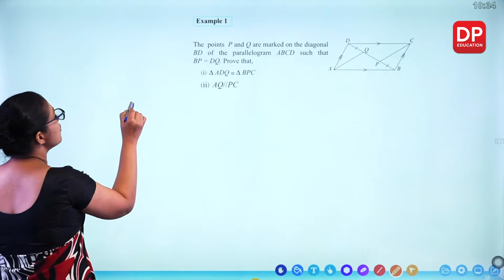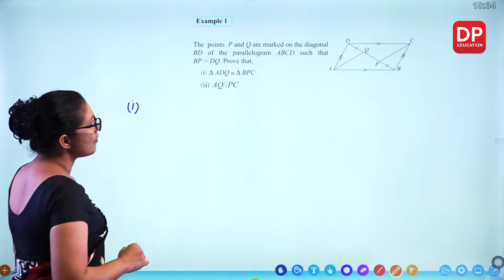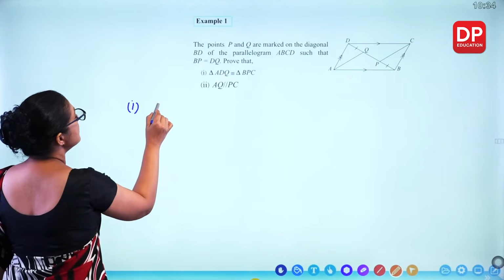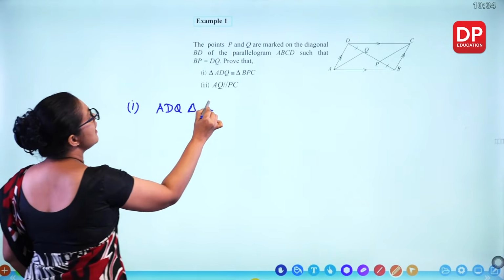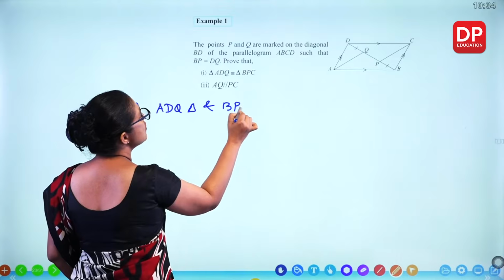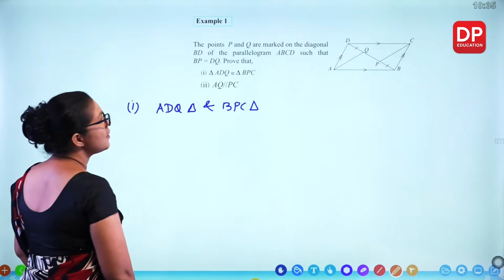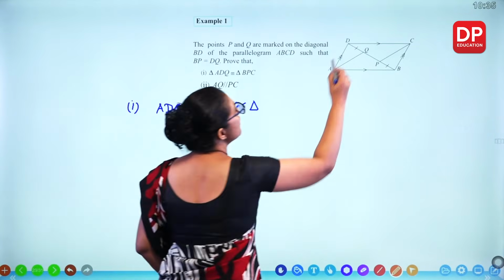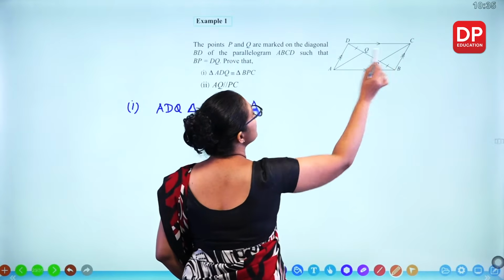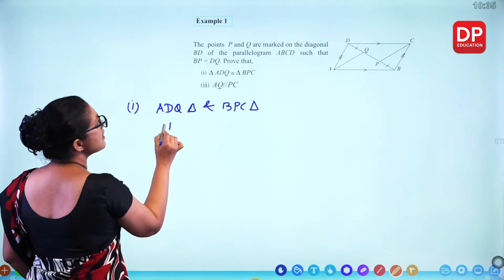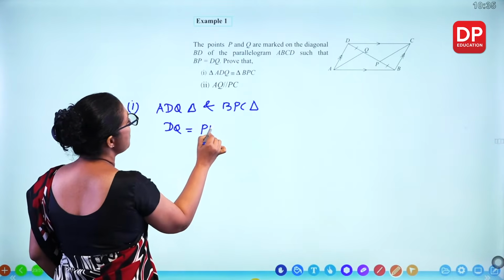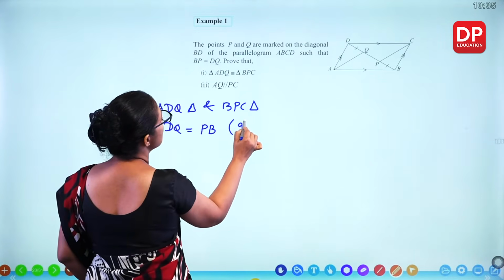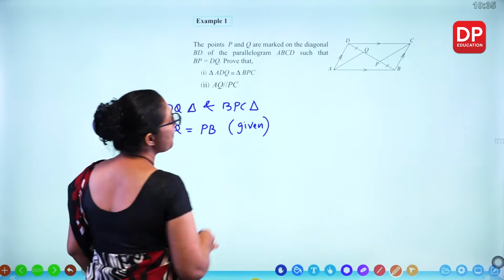So we'll try to prove that. Let's take ADQ triangle and BPC triangle. ADQ, this one and this triangle. We know that DQ is equal to BP. That's given.